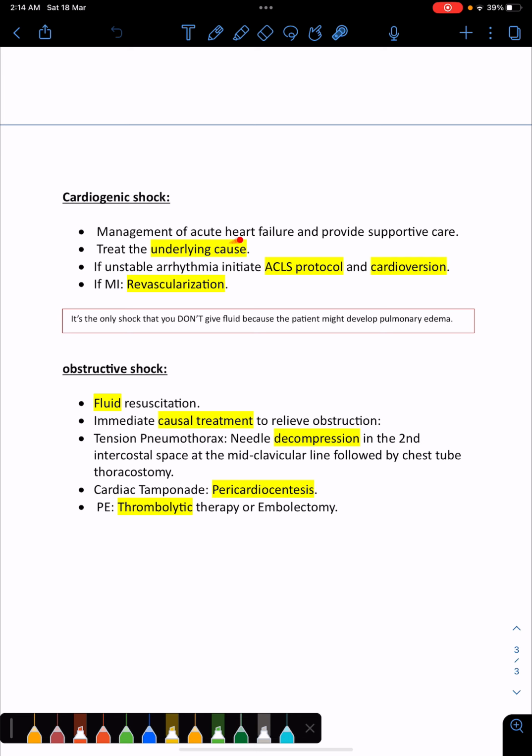So basically, those patients are having some sort of problem in their heart, and we want to treat the underlying cause of their problem, following the ACLS protocol and cardioversion, which means we give the patient electrical resuscitation, or we're gonna activate the heart contraction. So this is what we mean by cardioversion.